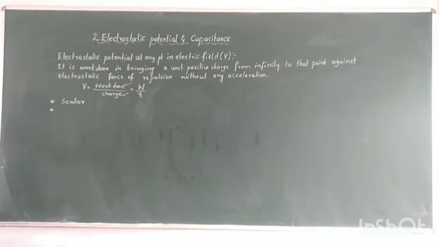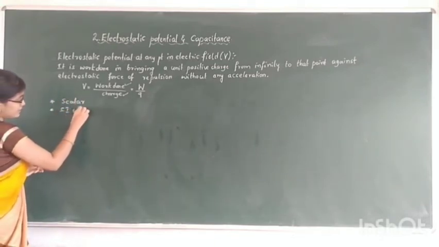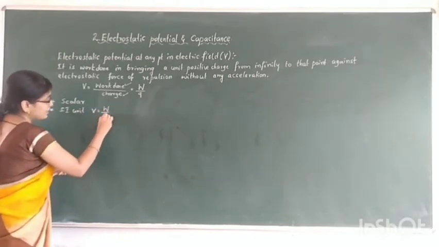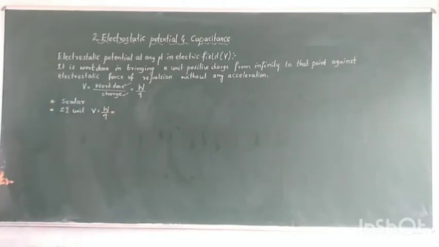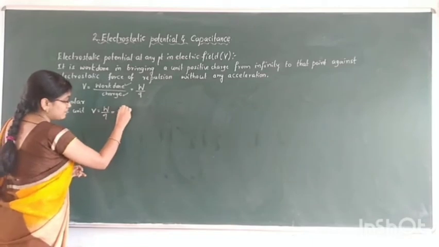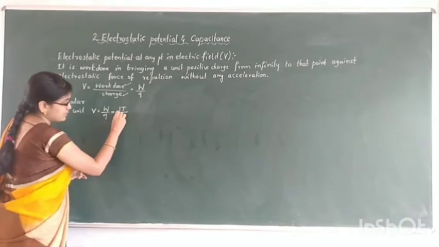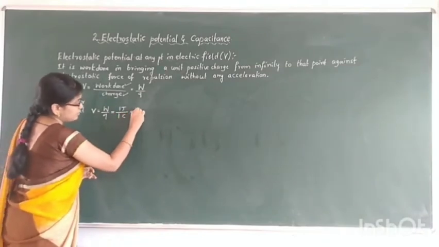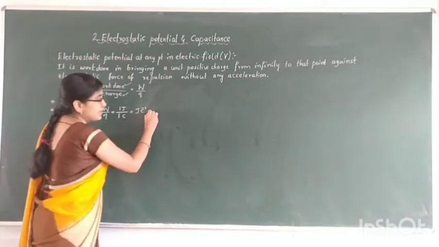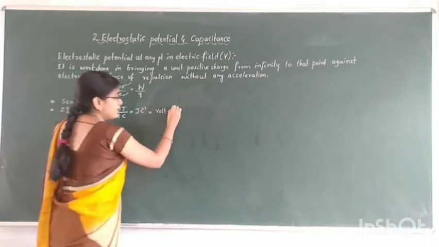Next, the SI unit of electrostatic potential: V equals W by Q, the SI unit of work done is joule and that of electric charge is coulomb, so joule per coulomb. Joule per coulomb is called volt, denoted by capital V.